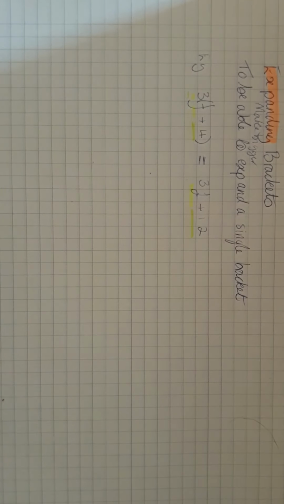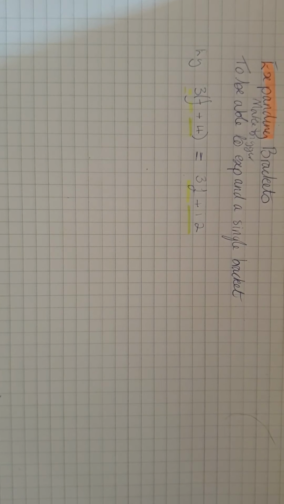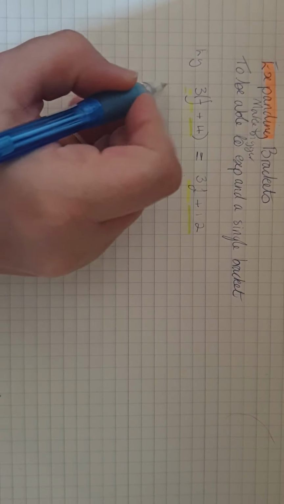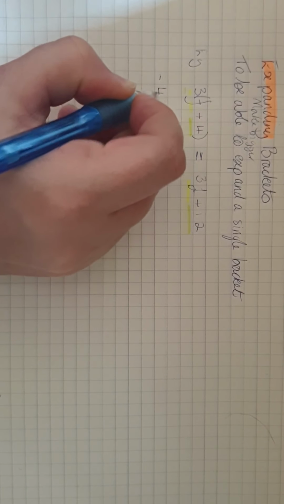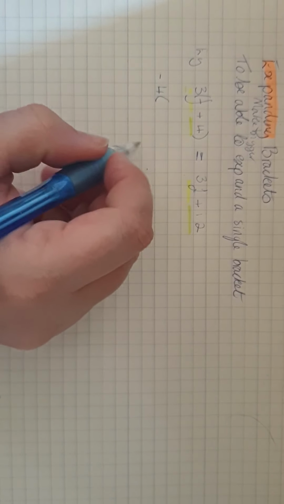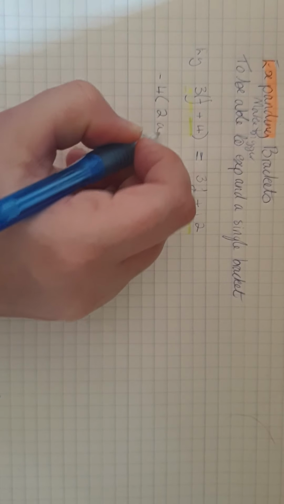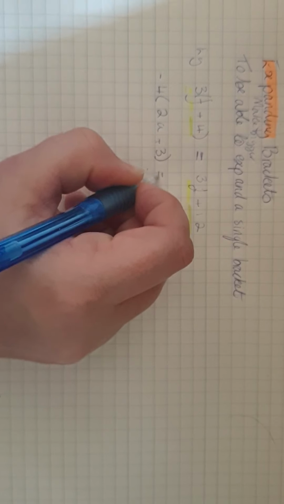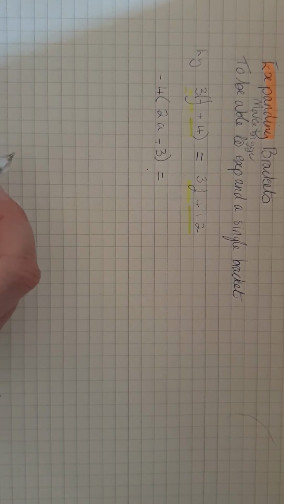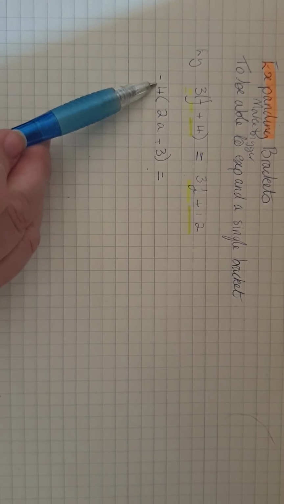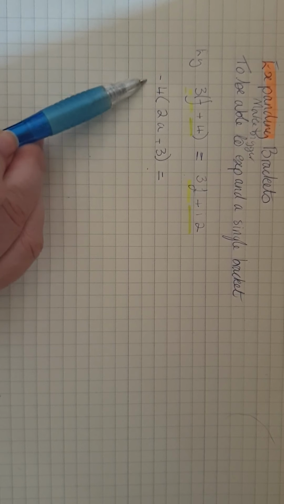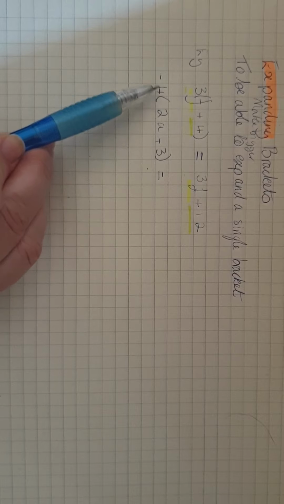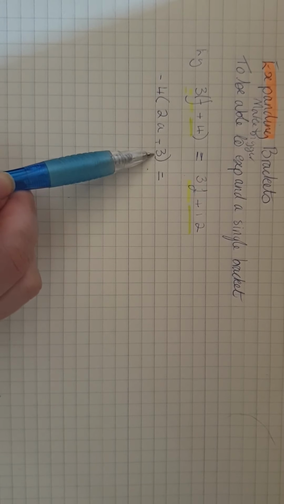Okay, the next example is slightly different because we're going to take one with a negative number in front of the brackets. Negative 4 times 2a plus 3. So like I said before, we're going to consider what is immediately outside of the bracket, which is negative 4. Take each term in turn.